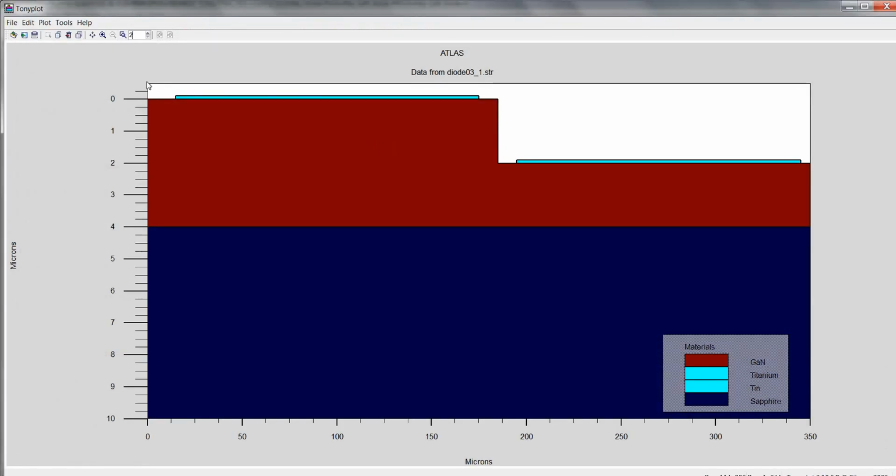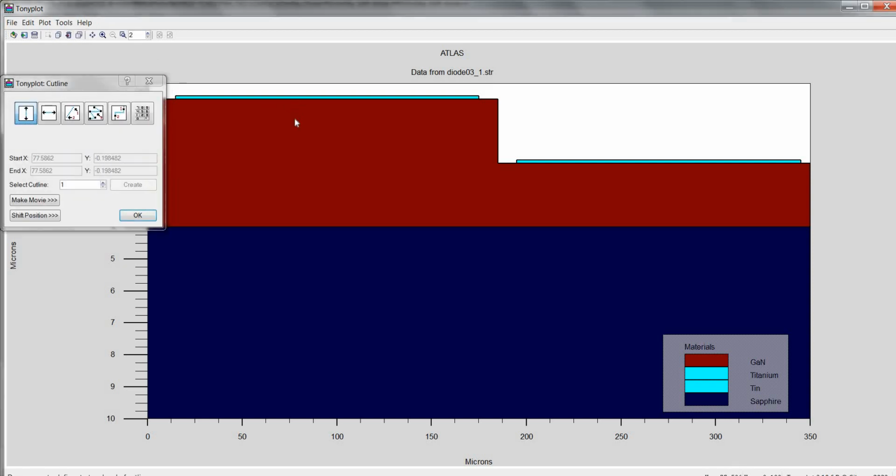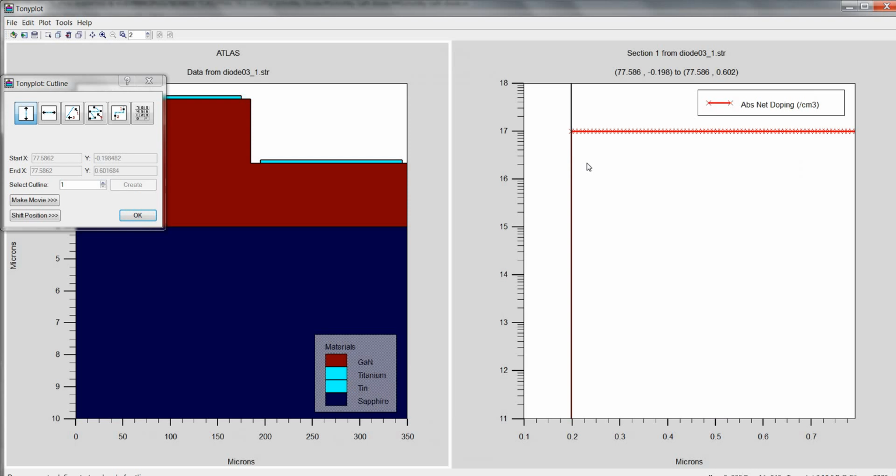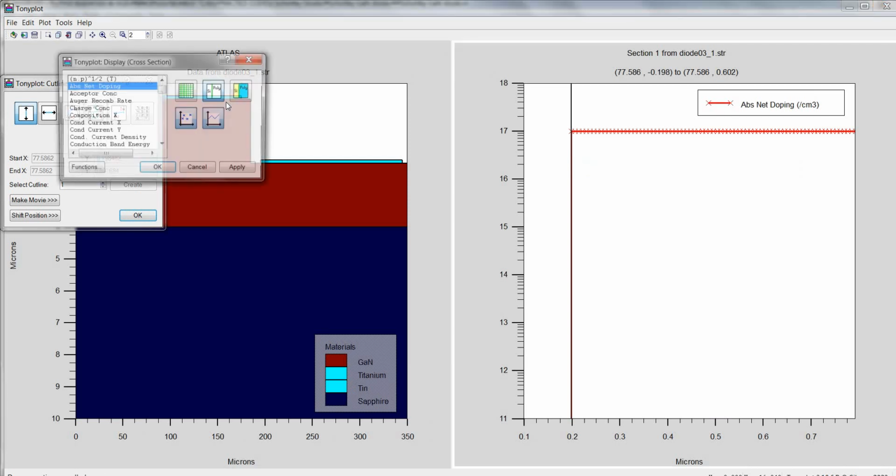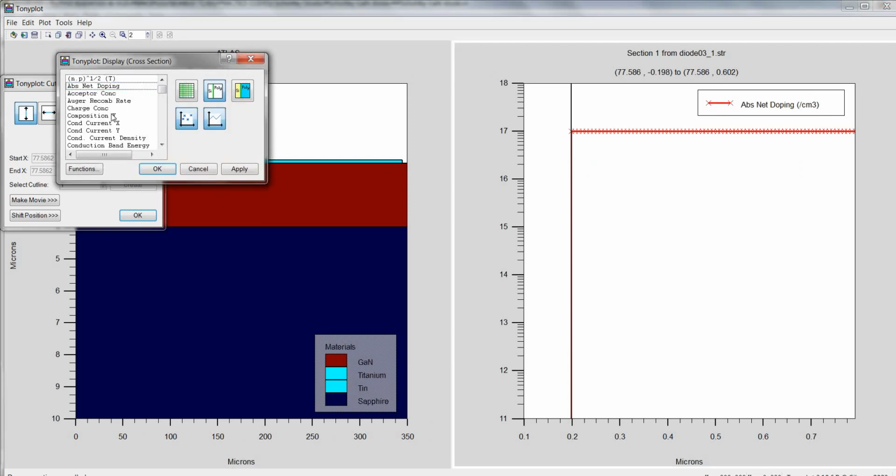Here is our structure under thermal equilibrium, and I want to look at the energy band diagram of this structure under thermal equilibrium.